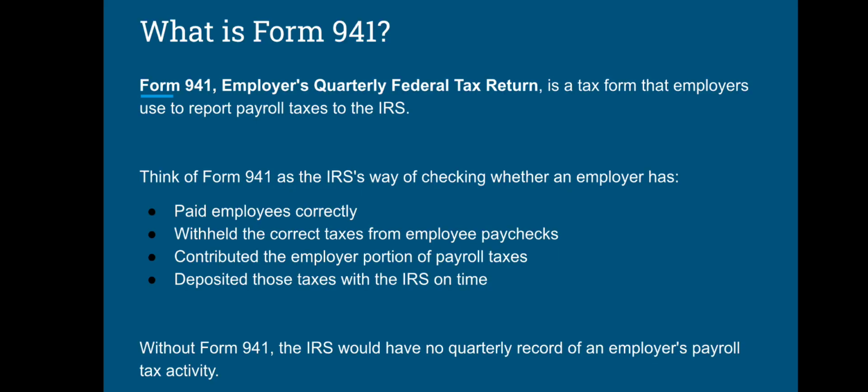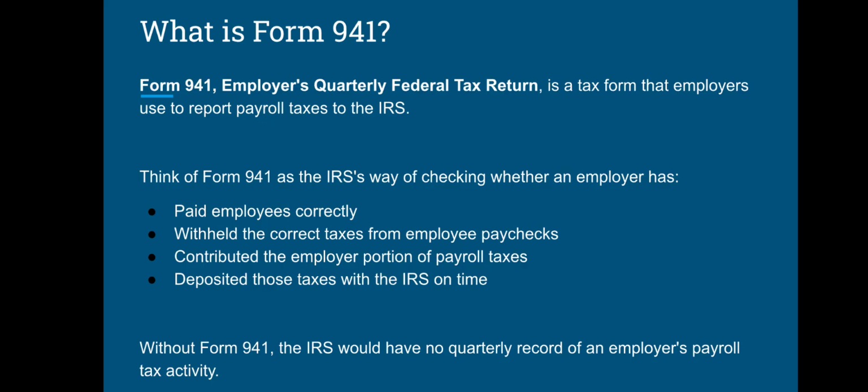First of all, what is Form 941? Form 941, Employer's Quarterly Federal Tax Return, is a tax form that employers use to report payroll taxes to the IRS. This form is completed and submitted by the employer on behalf of the employee's salary paid by him.